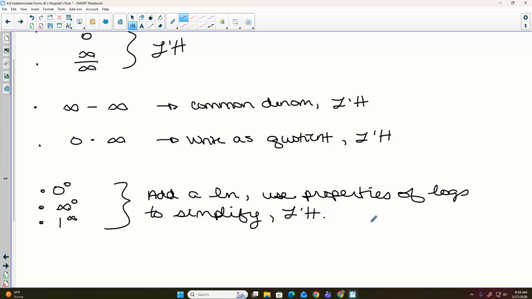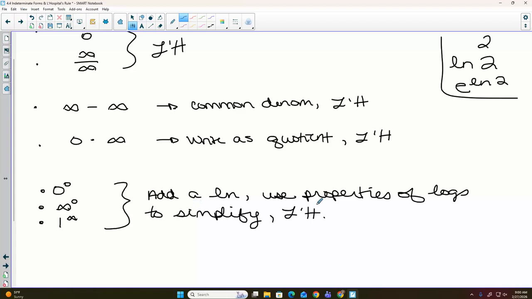Now, we can't just change the problem. Let's think in simplistic terms. If I say 2, 2 is not equivalent to the natural log of 2, right? But if I said e to the natural log of 2, isn't that equal to 2? Because e and the natural log cancel each other.